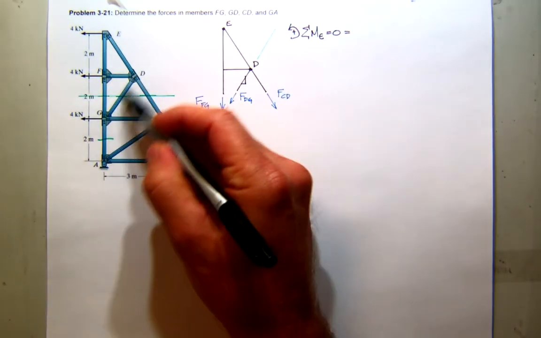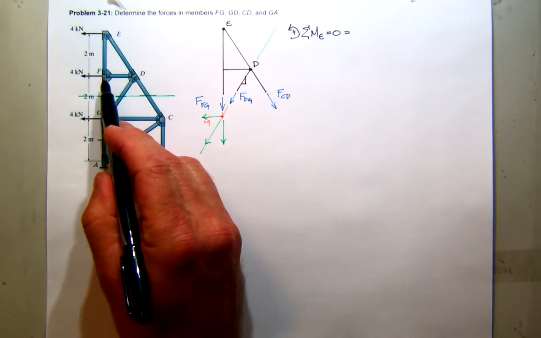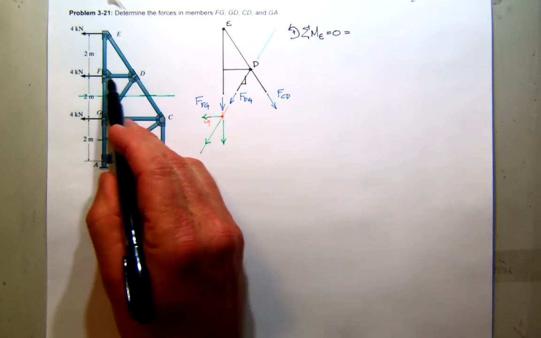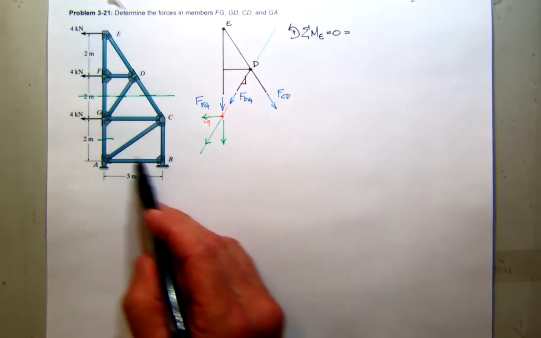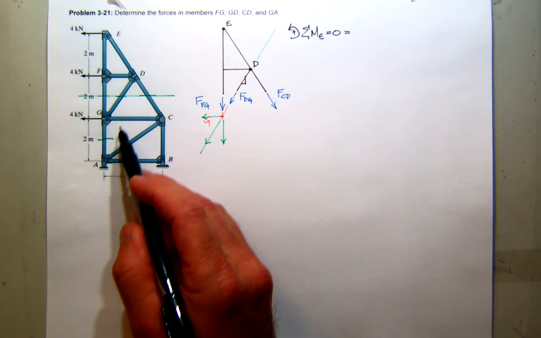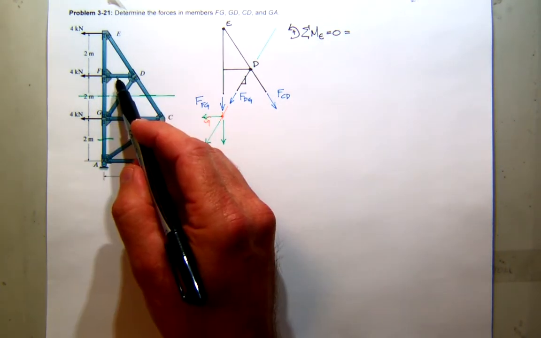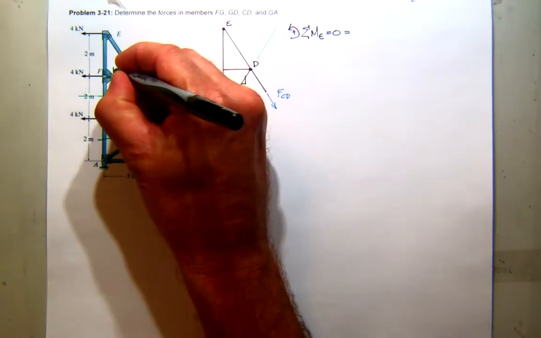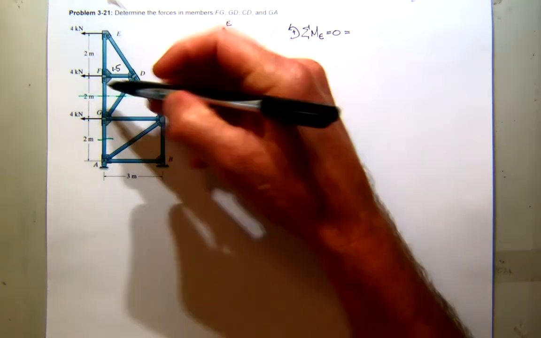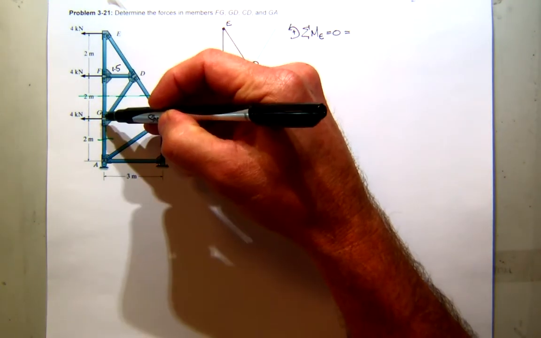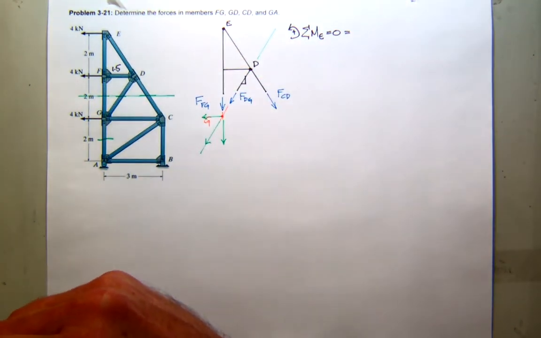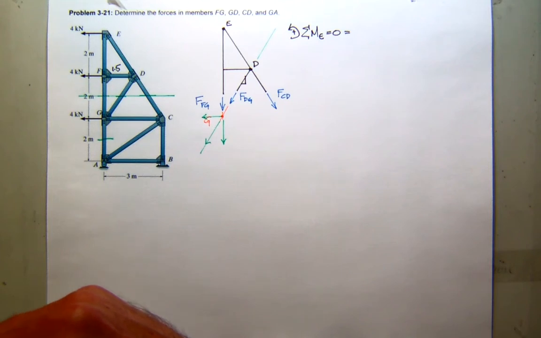So that's this guy right here. So it looks like it has a run of this dimension. What's that dimension? Well, it starts off at 3, and it goes 3, and it's halfway to 0. So that must be 1.5. And then this is 2. Guess what? It's a 3, 4, 5 triangle.